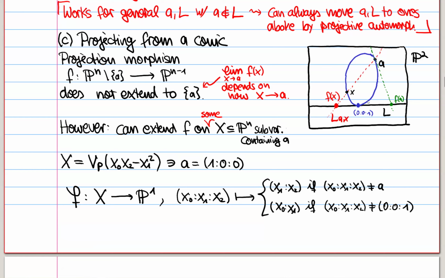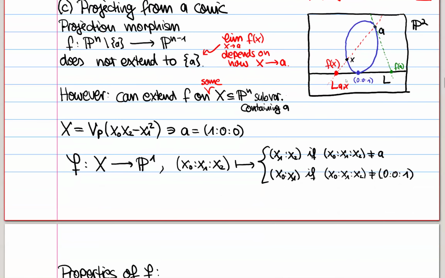And the geometric idea is, if X starts approaching this A, then this intersection point, or then this line from A to this point here, starts converging to this tangent line here, which is the tangent line to this blue part at the point A. We didn't really define until now what tangent means, but if you look at some affine subset here, you can use the usual definition of tangent line.